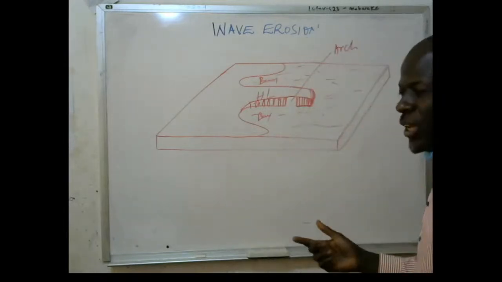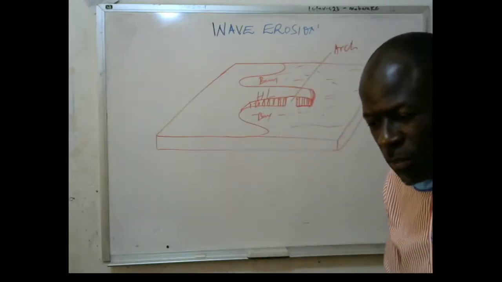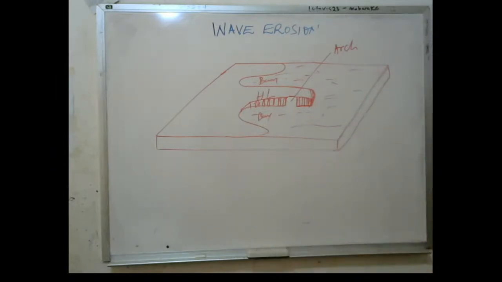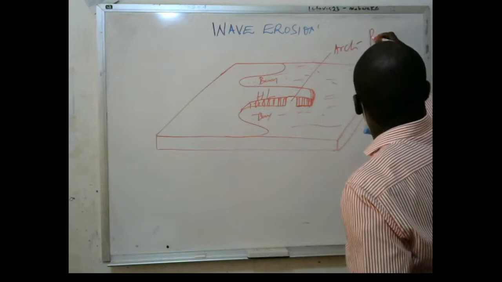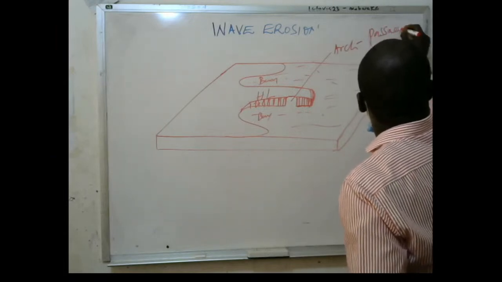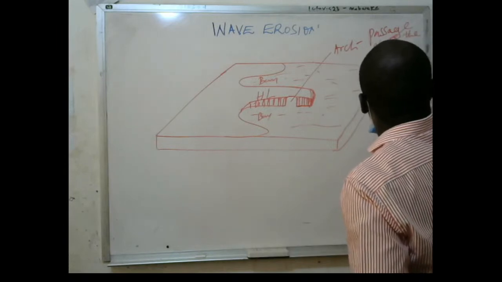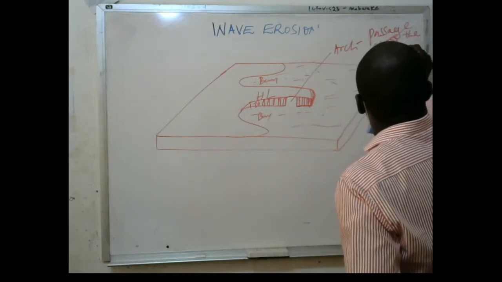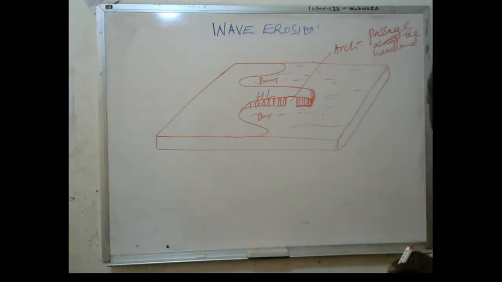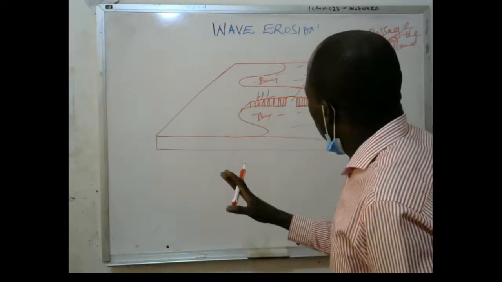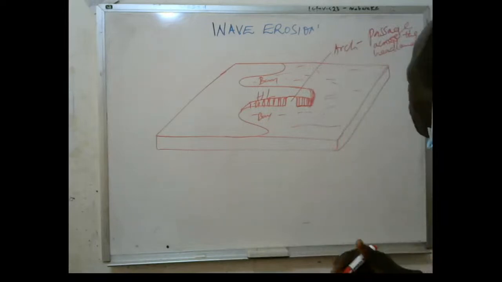So we are saying the arch is a bridge-like passage across the headland. So this passage is created by wave erosion. So that adds another member to this family of landforms resulting from wave erosion along the coast.